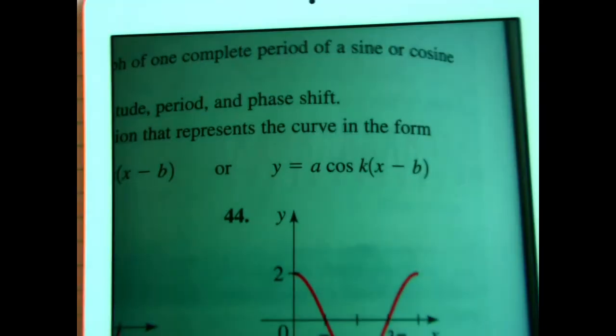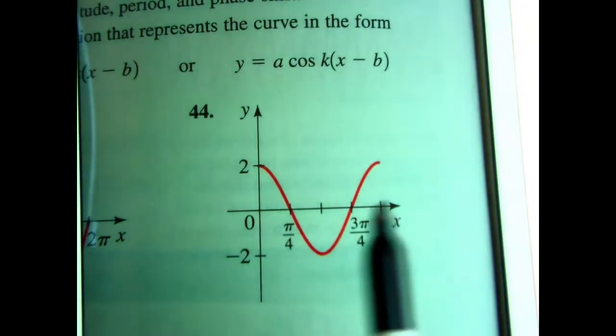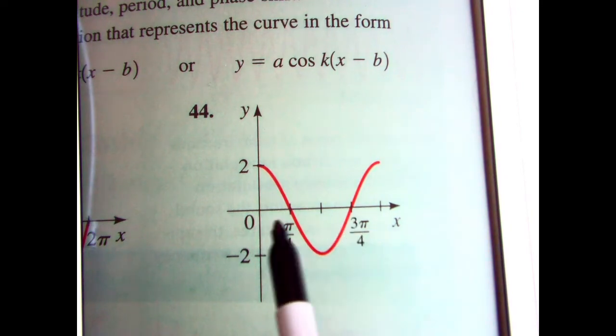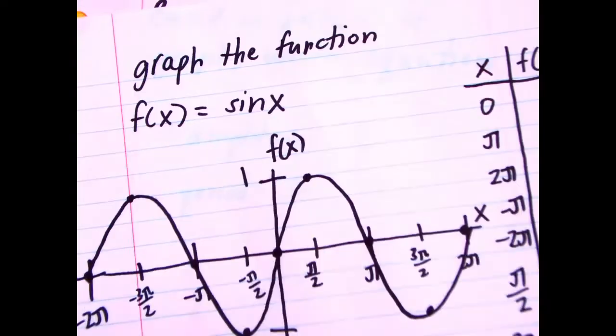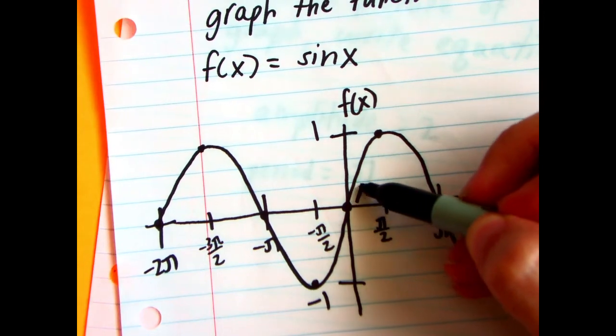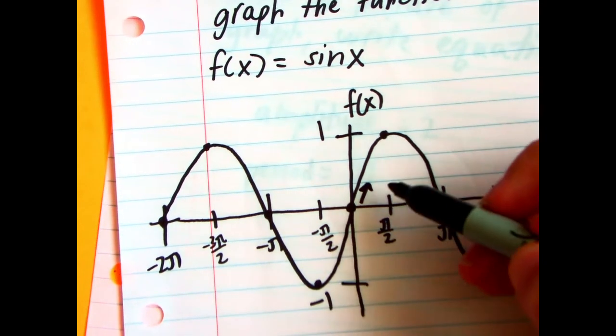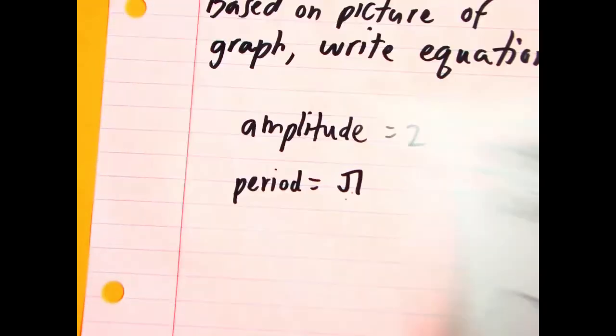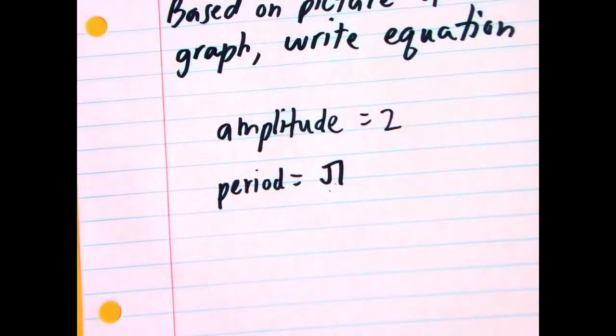And then finally, my phase shift. Well, the phase shift might be kind of hard to identify. To properly do this, let's think about the sine graph. At the very center of the sine graph, we were at 0, 0, and as we moved right, we moved up. Right? So from the center, and as we moved right, we went up.